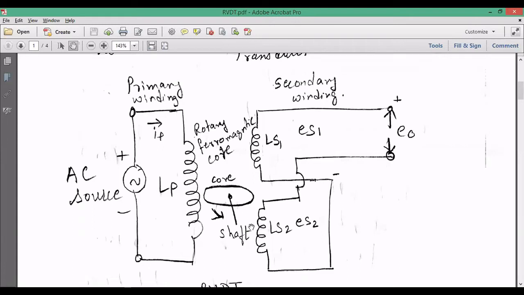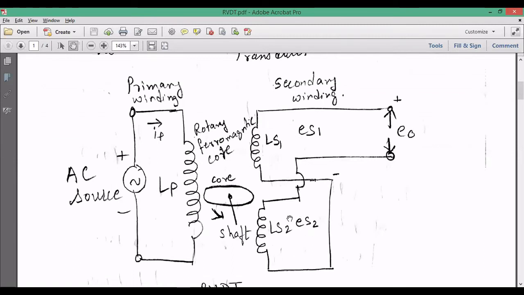Now you rotate in the anti-clockwise direction. Now if I start rotating anti-clockwise, the flux produced by the primary winding will change, and the flux at secondary winding LS2 will be greater than the flux generated at secondary winding LS1.